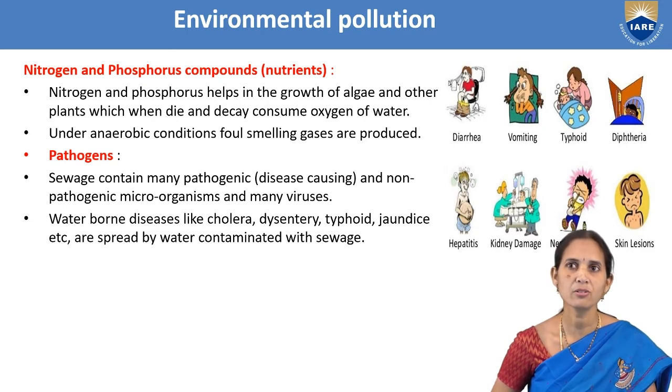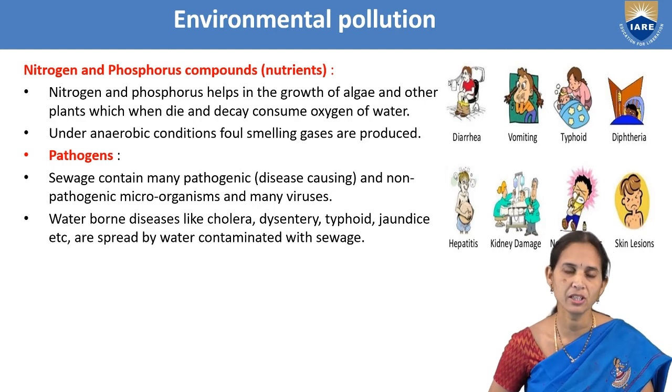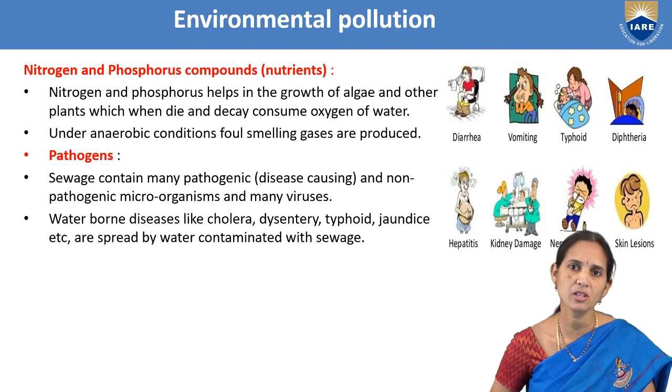So nitrogen and phosphorus help in the growth of algae. Where do nitrogen and phosphorus come from into the water? From the agricultural field. We use pesticides, and pesticides contain nitrogen and phosphorus.